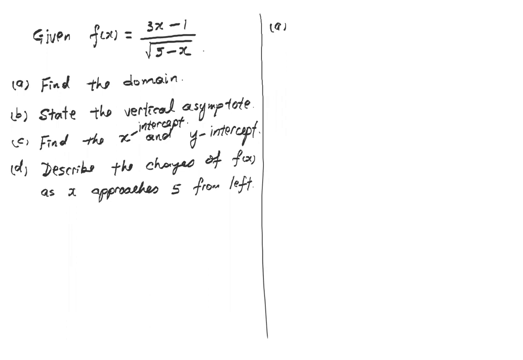Radical, it must be greater than or equal to 0. So combine: 5 minus x must be greater than 0 because it cannot be equal to 0. Correct? So therefore, my x must be less than 5.